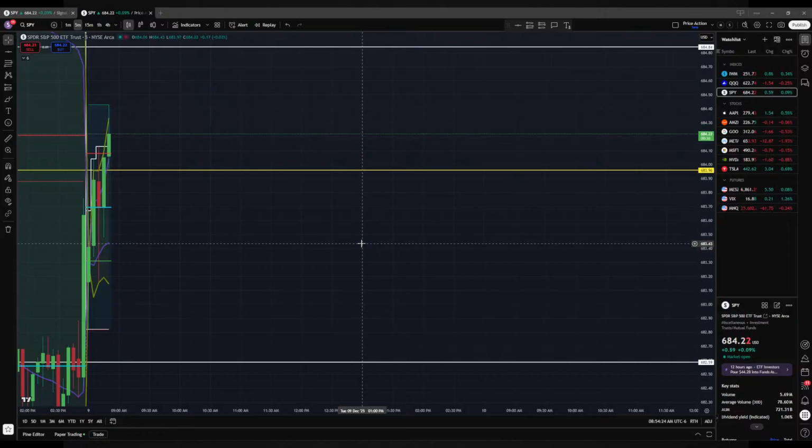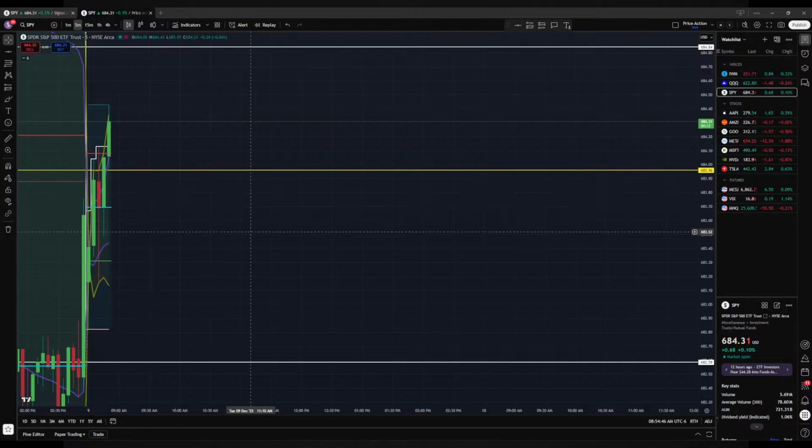All right, 30 seconds left on this candle. Unless something drastic happens, it looks like it's going to hold, which means I'll get in a trade. So 684.30.